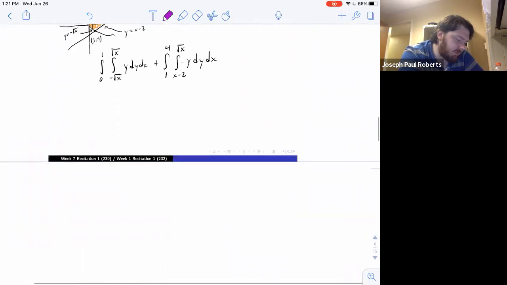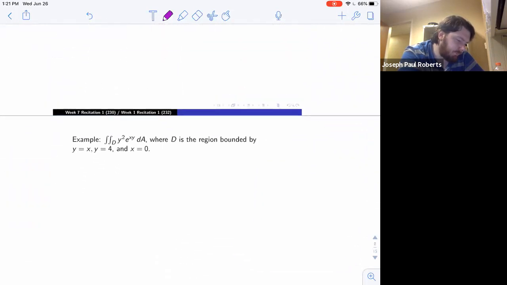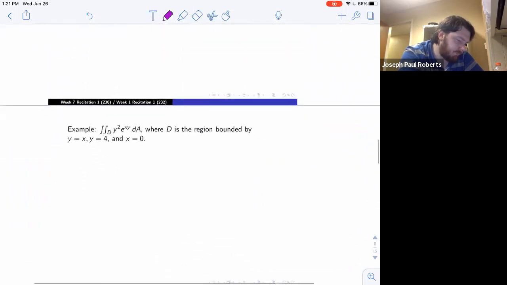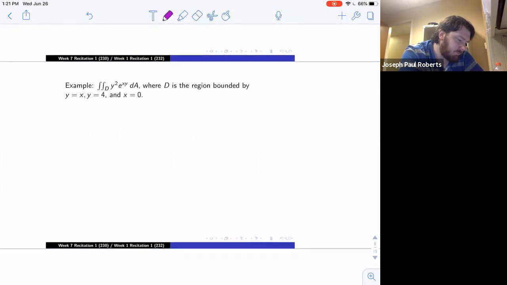Okay, but let's look at another example. So y squared e to the xy, where D is bounded by y equals x, y equals 4, and x equals 0.